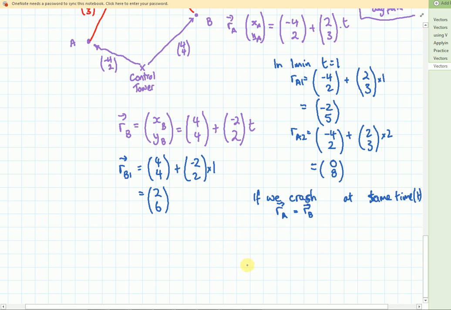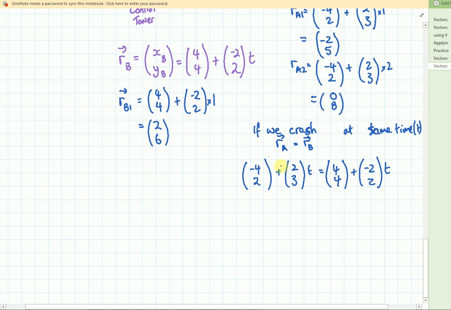We can put those in. So RA is minus 4, 2 plus 2, 3 t, and does that equal the RB at 4, 4 plus minus 2, 2 times t. Rearrange them to bring the parts together, and we can do 2, 3 times t minus the vector part of the time on the other side, and this is equal to 4, 4 minus the vector on the other side.